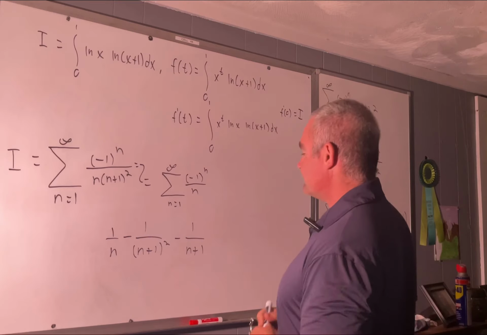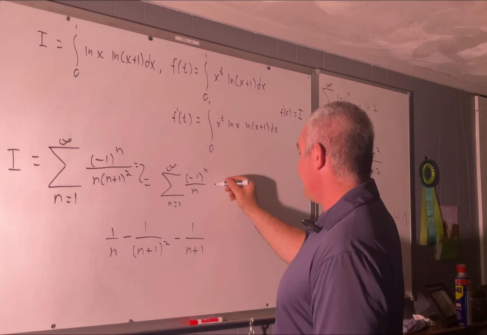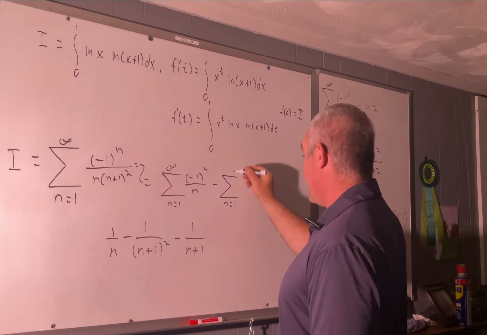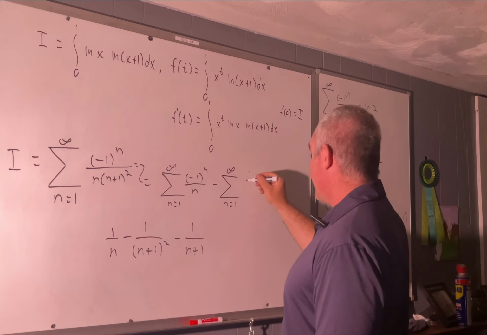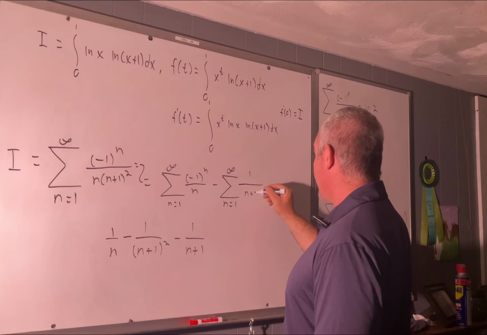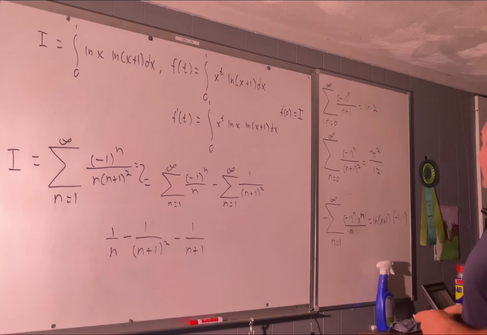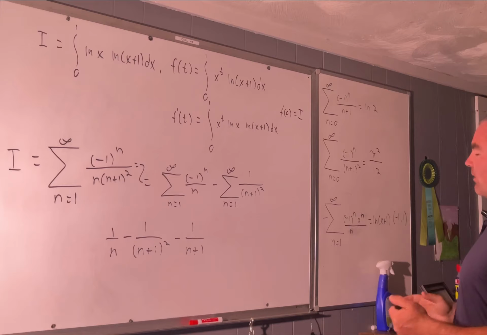All right, and then that's going to be minus the sum as n goes from 1 to infinity of 1 over n plus 1 squared. And you should recognize that one too. Well, that's this, basically written in another form, almost.